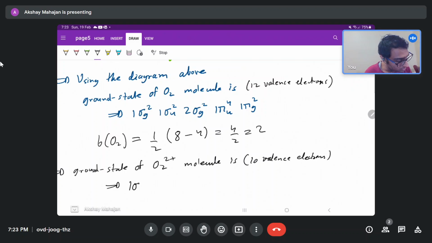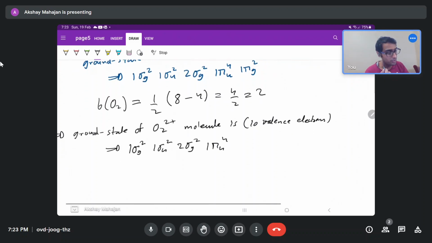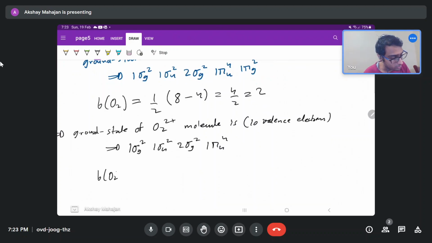So this electron configuration will come: sigma g2, 1 sigma u2, 2 sigma g2, and so on up to 10. So the 1 pi g orbital will now be empty. Our bond order will just become half of 8 minus 2, which is 6 by 2, which is 3.